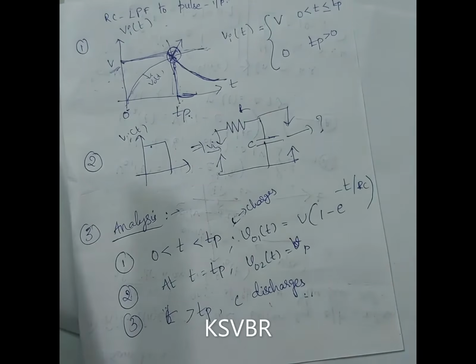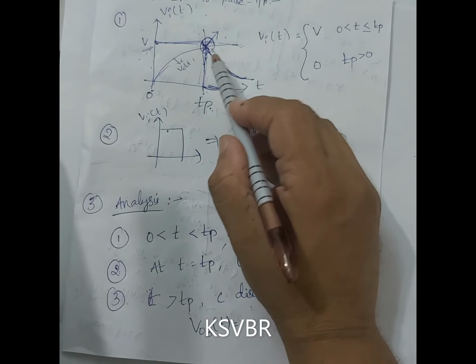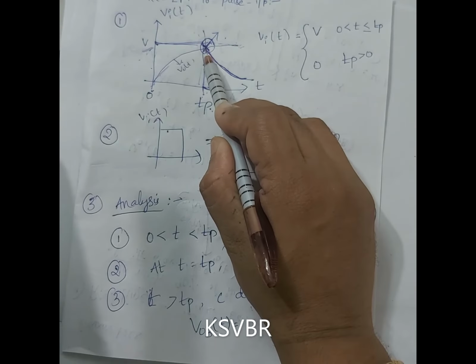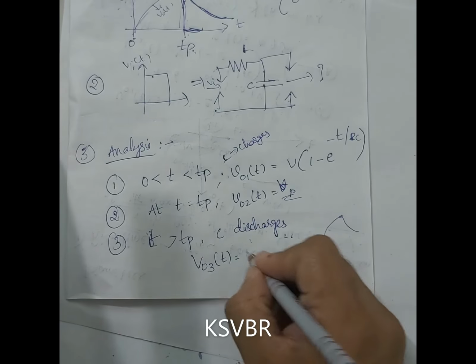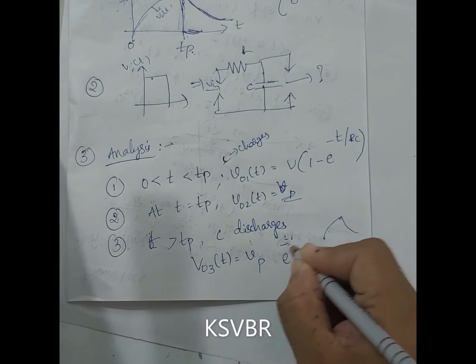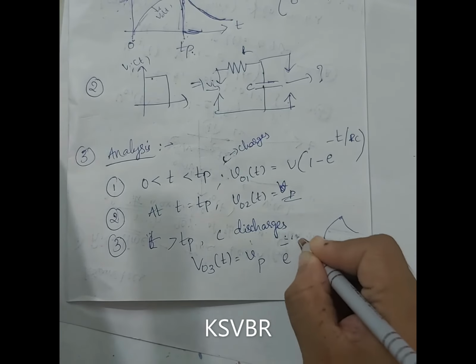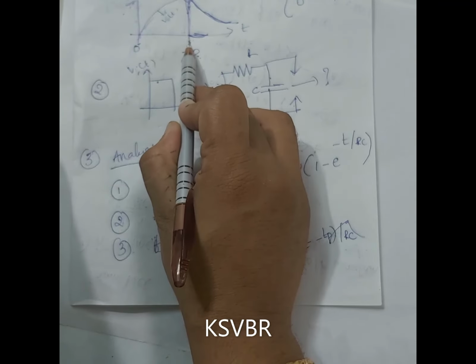Now what will be V03 of t? V03 of t will be from where it is discharging, from this point. Okay, that is, what is this magnitude we called? Vp. Vp into e power minus t minus Tp by RC. T minus Tp.